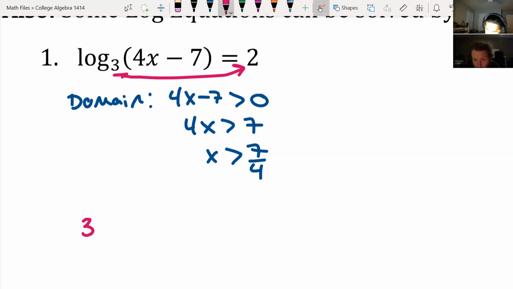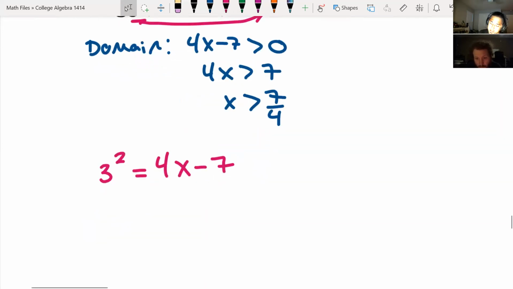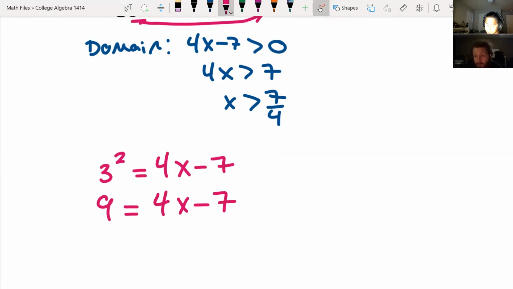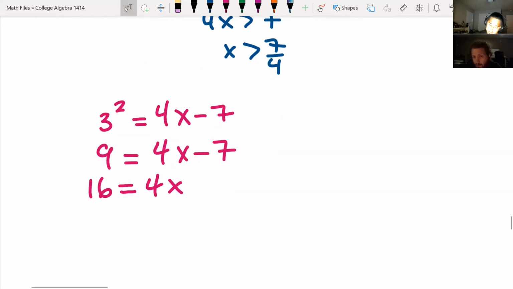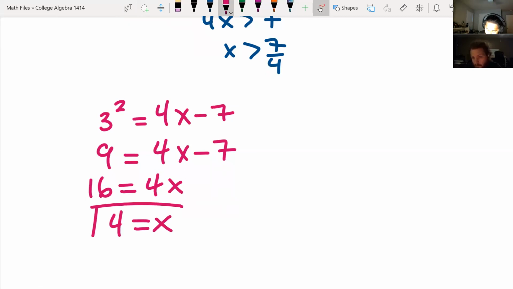So we're going to get 3 to the second, and then you set it equal to the inside of the log, 4x minus 7. Now, all we have to do is solve for x. You'll get 9 equal to 4x minus 7. Add the 7 over. 16 equals 4x. Divide by 4, and we get that x is equal to 4.